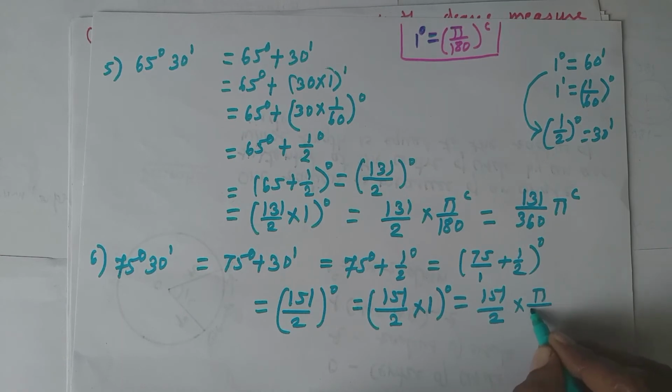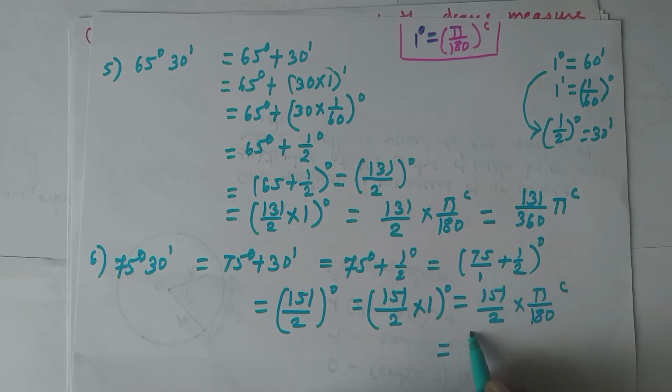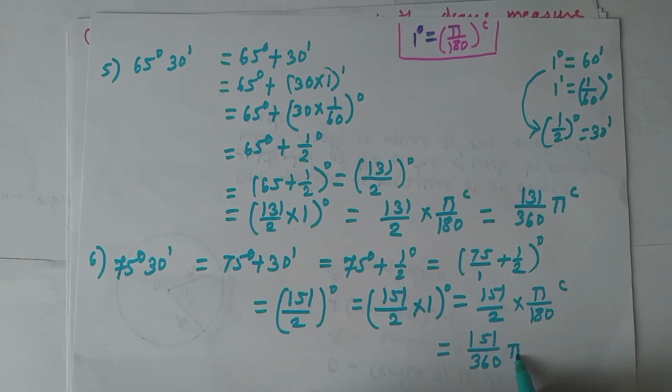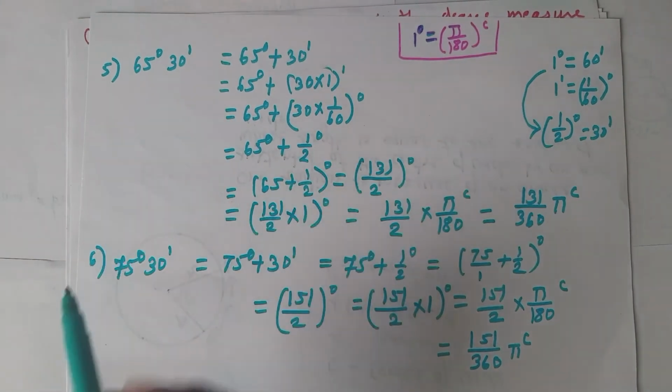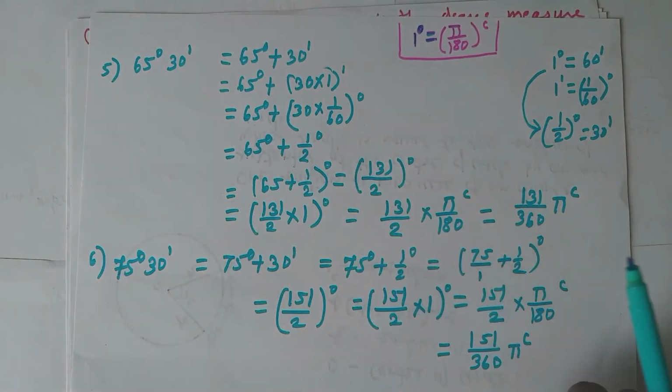After simplification, this is nothing but 151 divided by 360 pi radians. In this way, if a whole number is given in degree, then you convert that angle into radians. If the angle is given in degree and minute like this, then again in this way you can convert angles into radians.